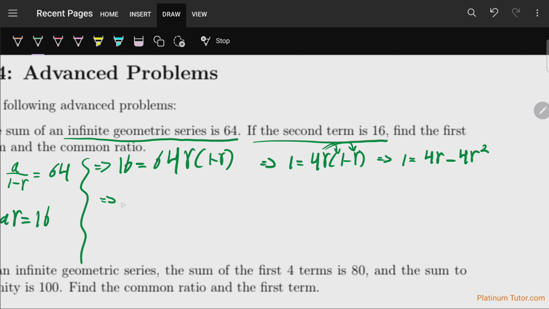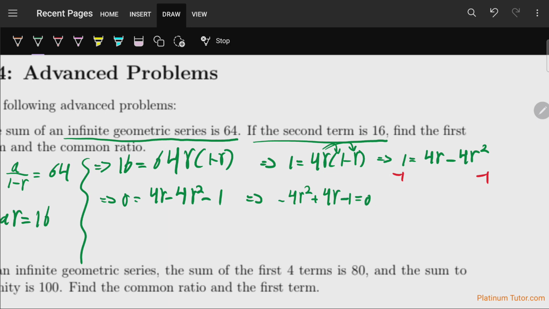If I move everything to one side, I'll subtract 1 from both sides here, right? We're going to get 0 is equal to 4r minus 4r squared minus 1. I will also rearrange things so that everything is ordered from the highest power to the lowest power. So I'll write negative 4r squared plus 4r minus 1 equals 0.